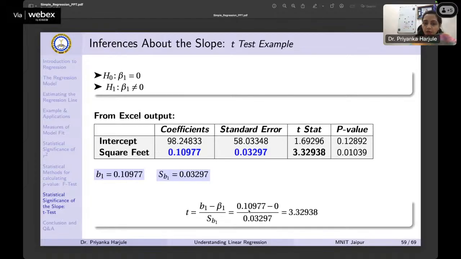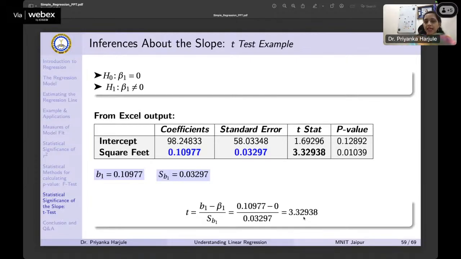We put it in the formula: the obtained slope minus what we hypothesize, which is 0, divided by the standard error that we had, which is 0.03297. This is the standard error for the square feet, and we get the t value to be 3.329. Again, the same procedure follows here. You have to set a significance level. Usually it is 0.05, that is 5% significance level.